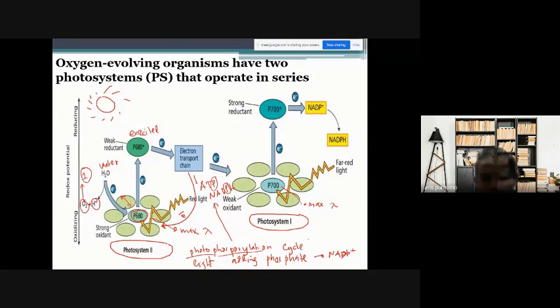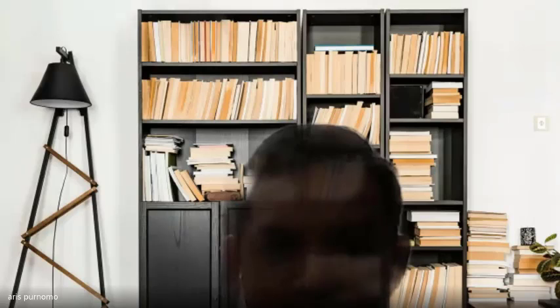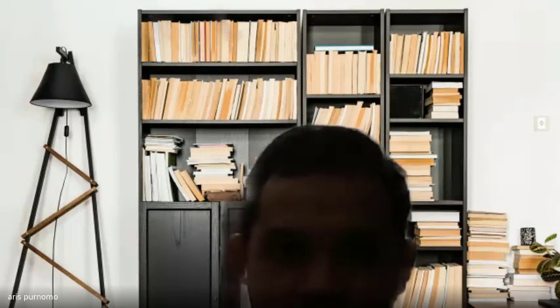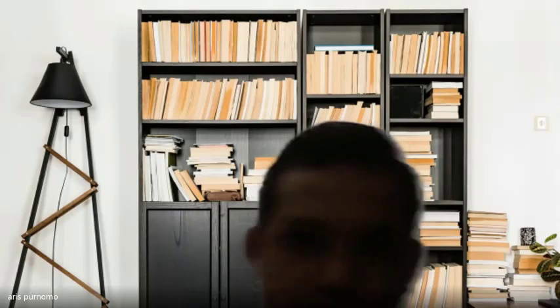This is the first pathway to produce ATP and also NADPH, and the second one involves PS1 and also PS2.